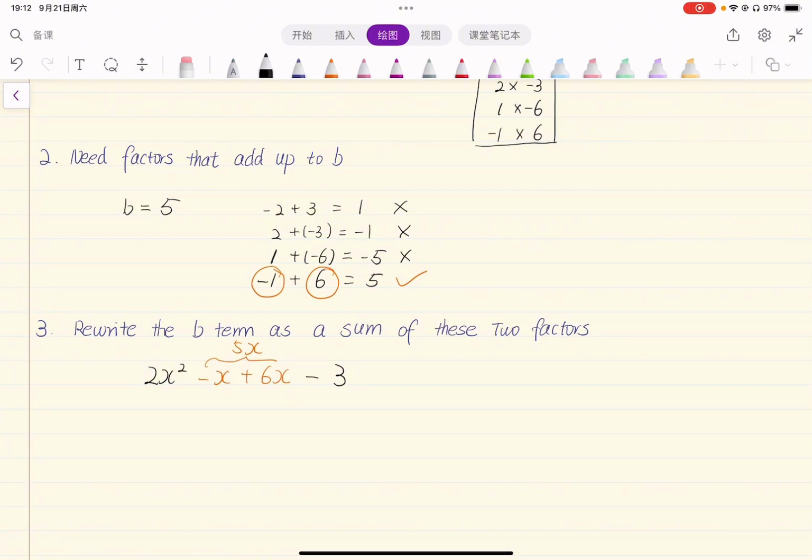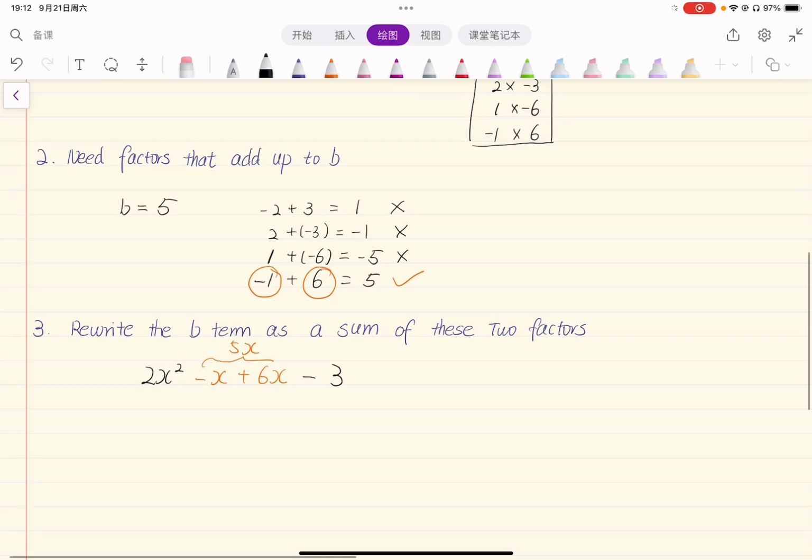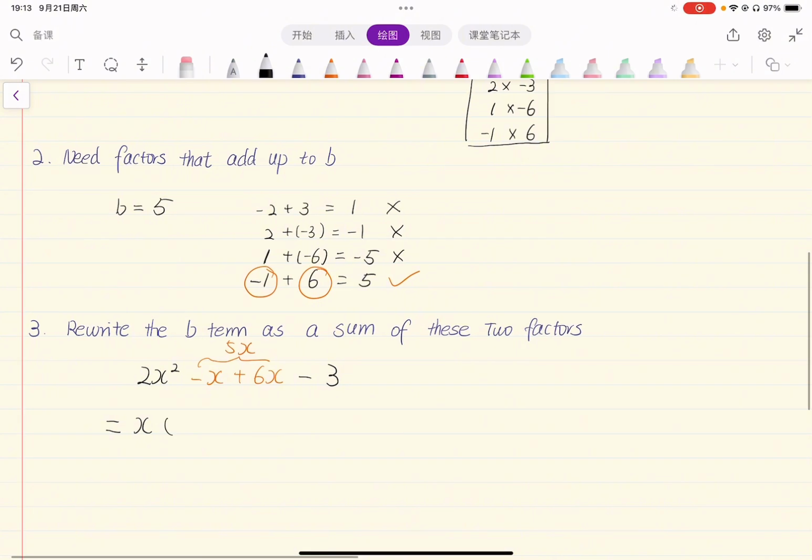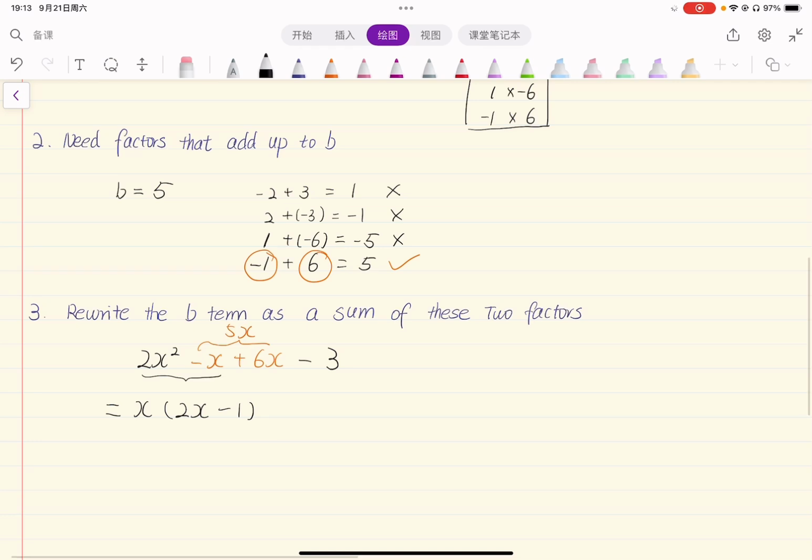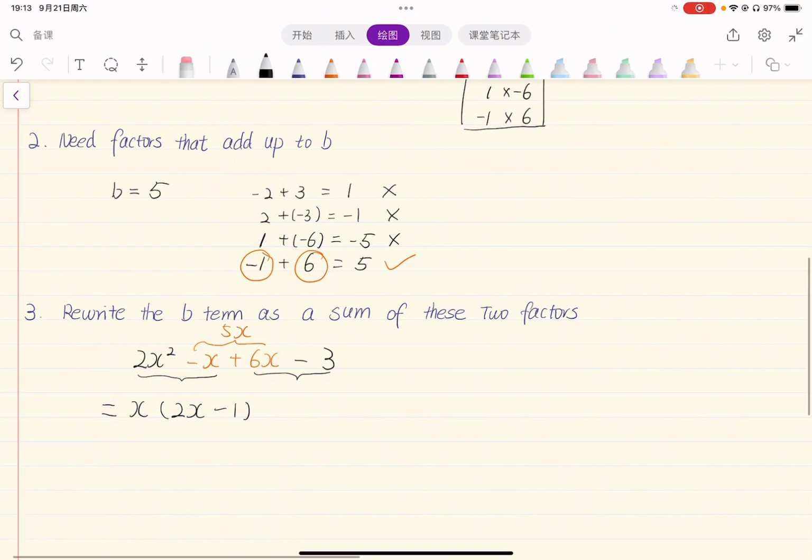And then we need to rearrange that. That will be like, take out x, we will get x times (2x minus 1) for the first two terms, and for the last two, what we can take out is 3. We can take out 3, so we get 3 times (2x minus 1).